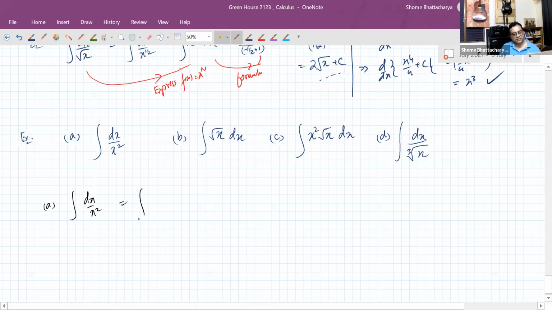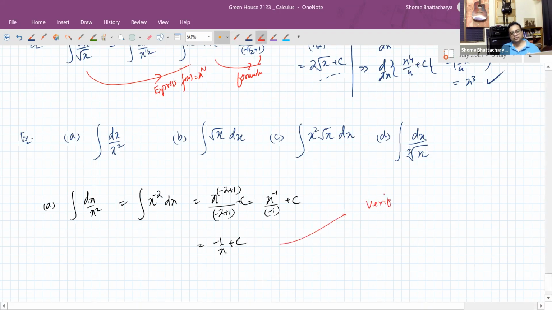So first we'll express this as x to the power n by bringing x to the numerator, and then we'll apply the formula. So this becomes minus 1 by x plus c. You can always verify this.